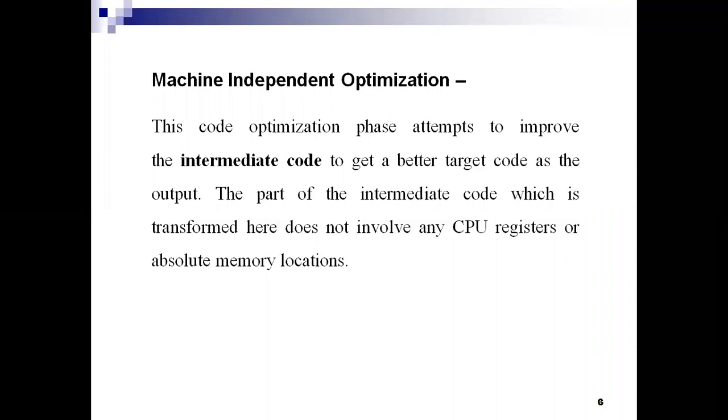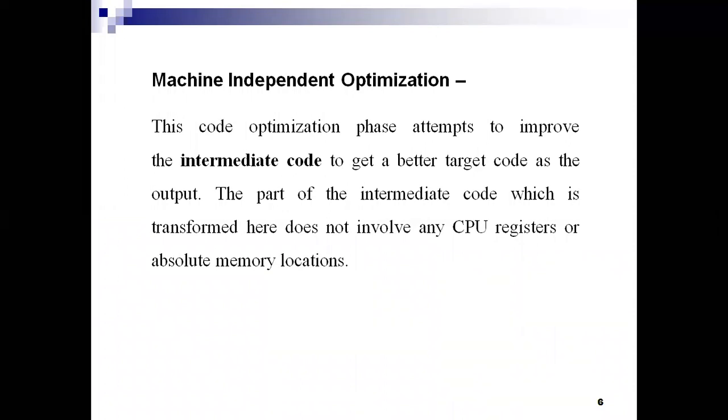Now I'm going to explain this machine independent optimization by giving the following four reasons. One, the code should be analyzed completely and we use alternative equivalent sequences of source code.